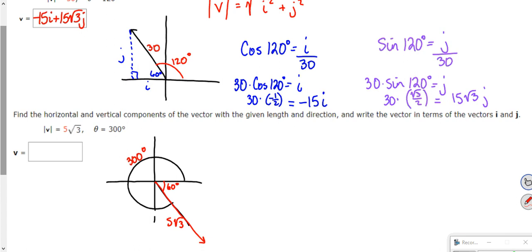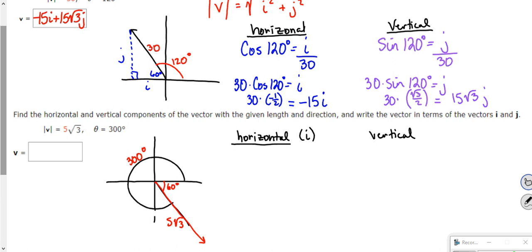If I want the horizontal and the vertical position, let me label this up here. Horizontal is your cosine, your vertical is your sine. Our horizontal is going to give us our I, and our vertical is going to give us our J. For the horizontal position, we take the magnitude, actually the absolute value.